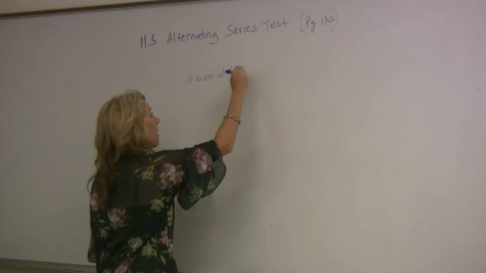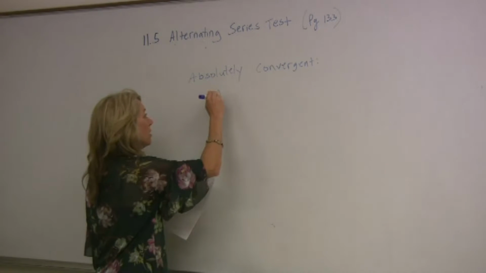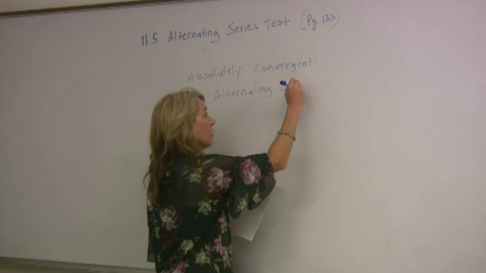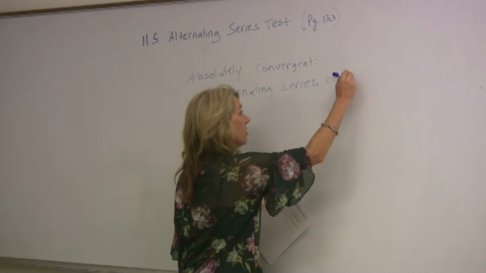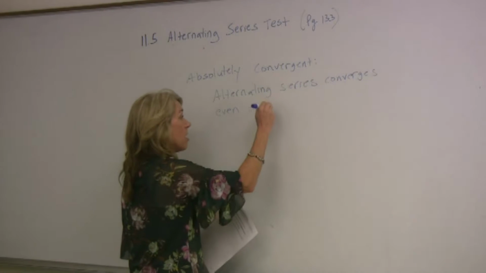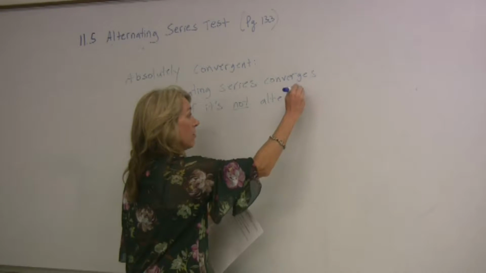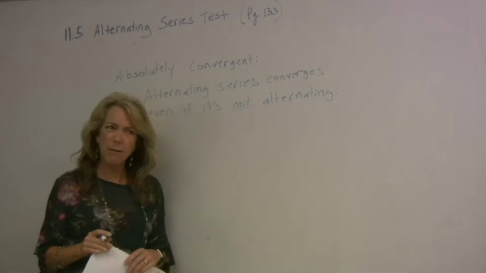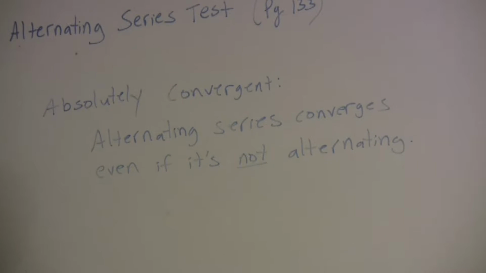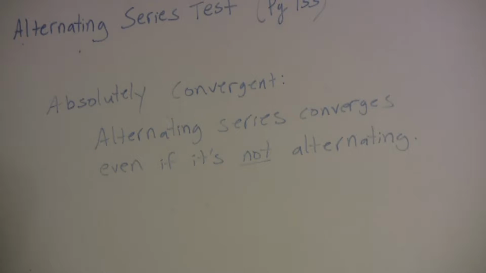Absolutely convergent means an alternating series converges even if it's not alternating. Okay, what do I mean by that? It's an alternating series, meaning it's going positive, negative, positive, negative. But if you could just make everything positive and it converges, then we call that absolutely convergent.